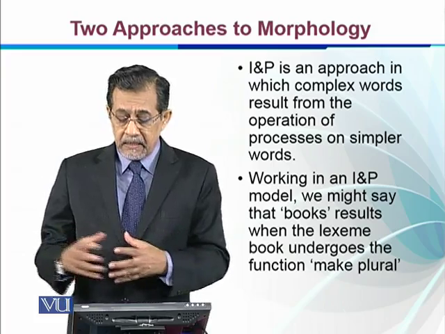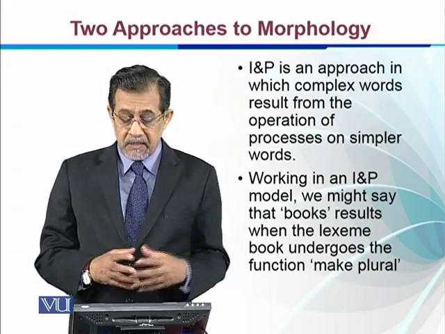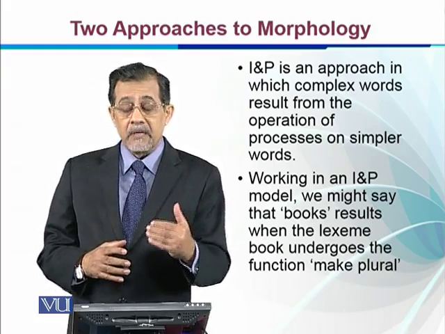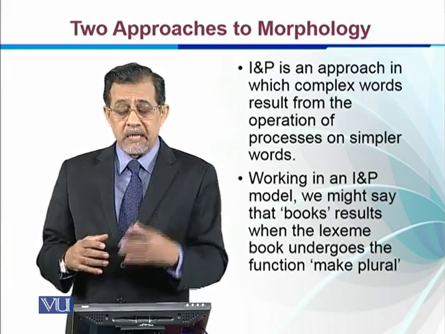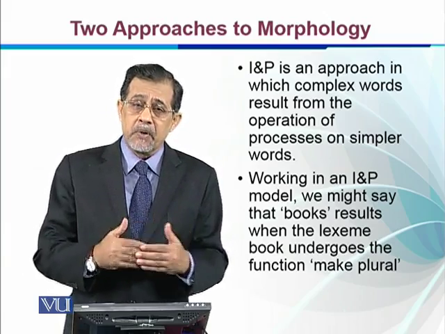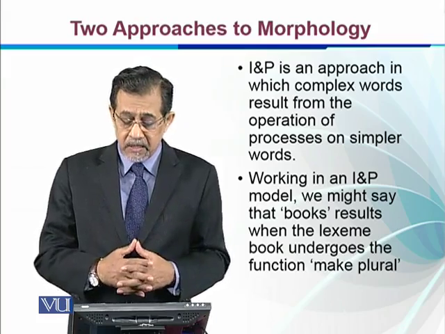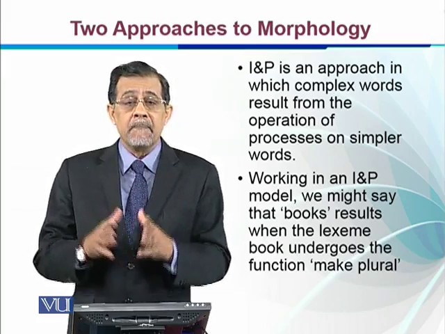Working in an item and process model, we might say that books results when the lexeme book undergoes the function make plural. So we see how the lexeme book has gone through a certain process and, as a result, has become books.